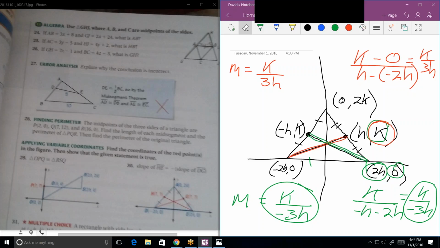So you would spot it. I spotted it. When I first did the problem, I was going to make this 3h over here, and I realized, well, that can't be right. And then I realized what I had done. I had just assumed the numerator was k without realizing that I was going from this k minus that.